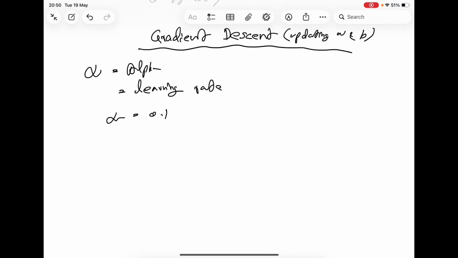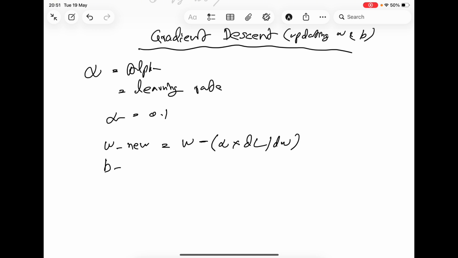So in order to update our new weight and new bias, if we want to predict our new weight, we take our old weight and deduct the derivative of the loss function with respect to w, multiplied by our learning rate.